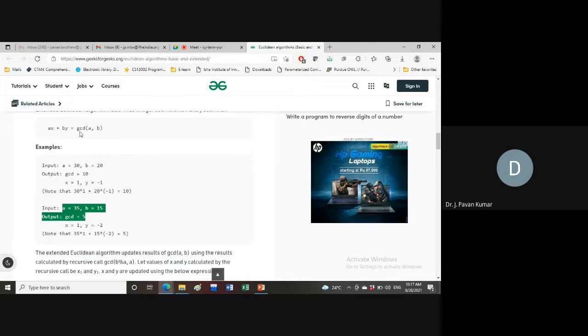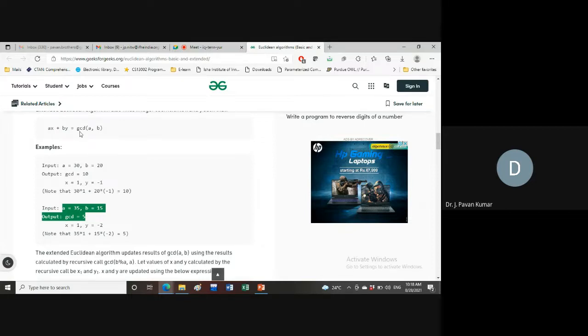Now you can try x and y values with several possibilities. The point is we need not worry about the x and y values. You just have to understand that for every two numbers, if you know the GCD, then this condition holds: ax plus by is equal to GCD.